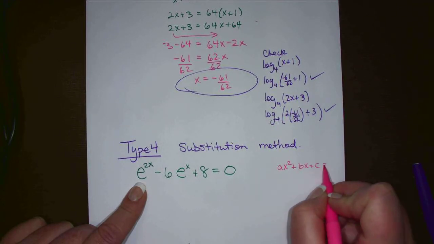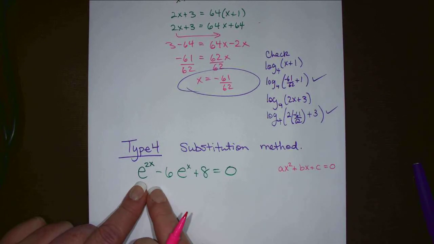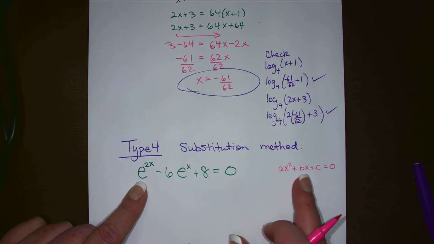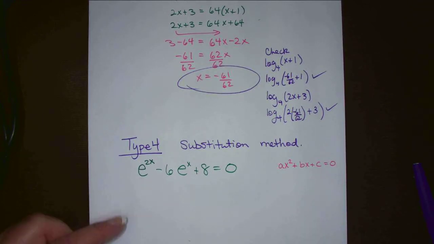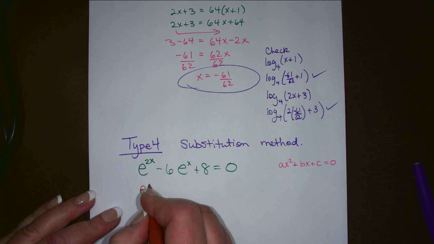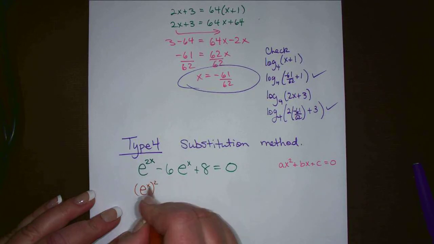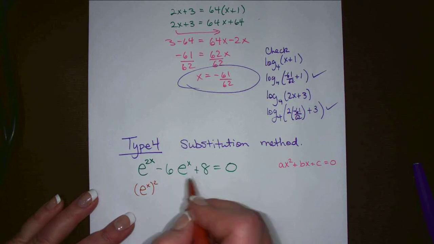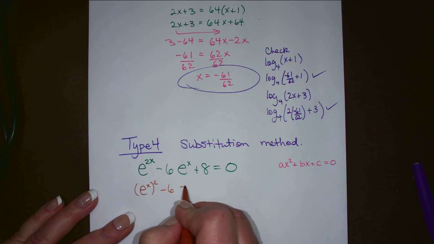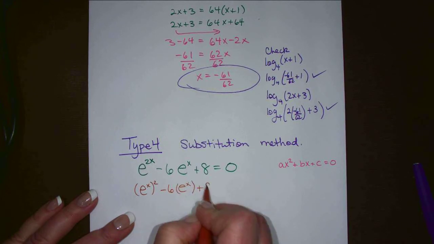What do we have instead of the x in this question that's squared and then that's not squared? So let me rewrite it. If I said this was e to the x squared, when you have 2 exponents like that, they multiply, that's 2x, minus 6 times e to the x, plus 8.